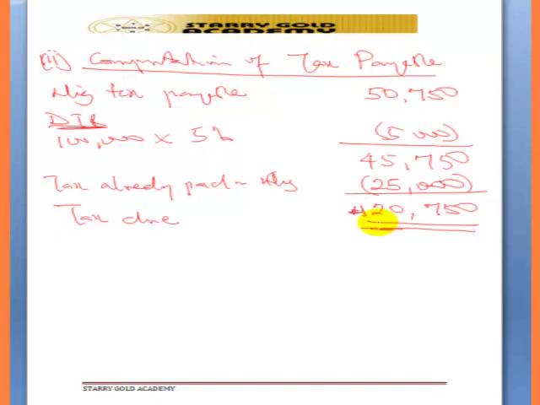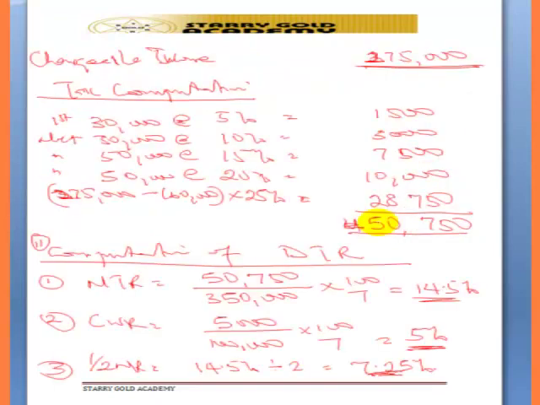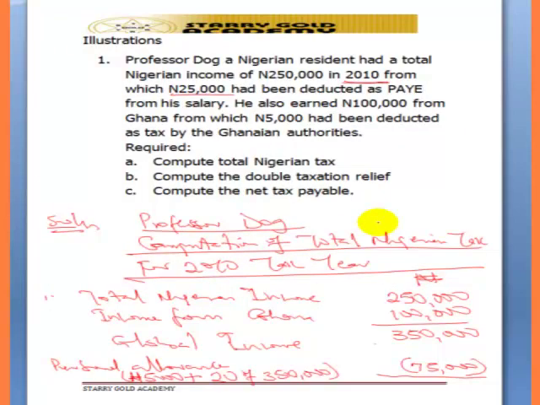Now let us look at the tax reform and answer this question based on the 2011 Personal Income Tax Act reform. For the purpose of that tax reform, we are going to change some figures here. This one will become 250 million, and the tax will be 25 million.